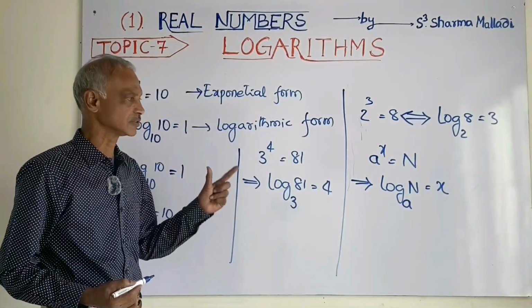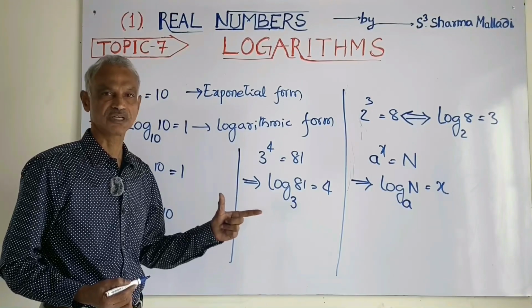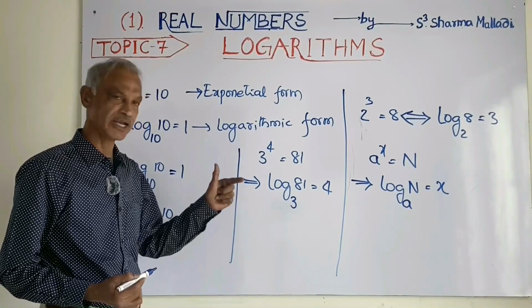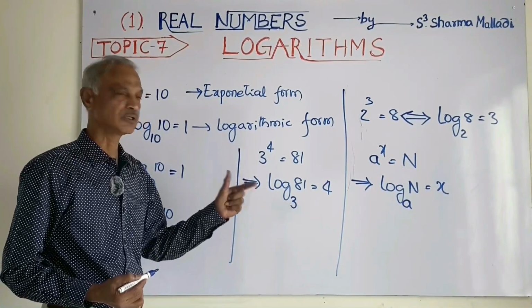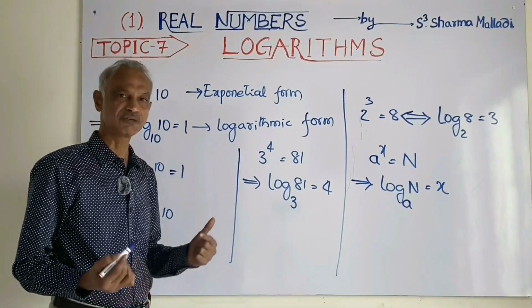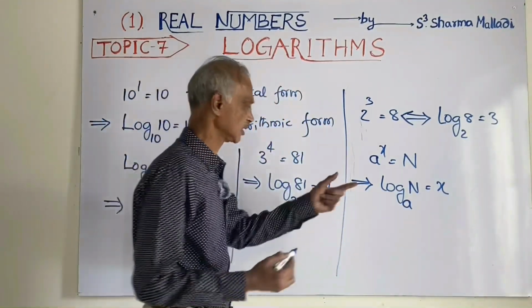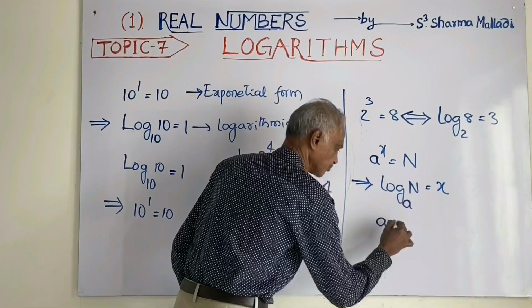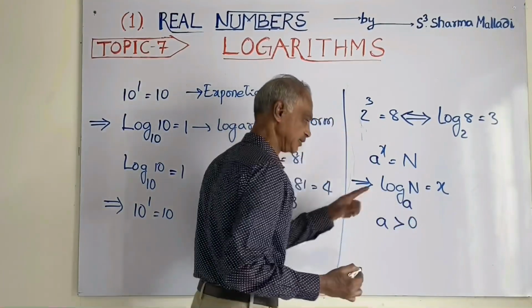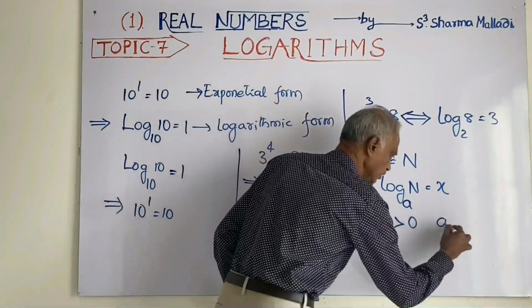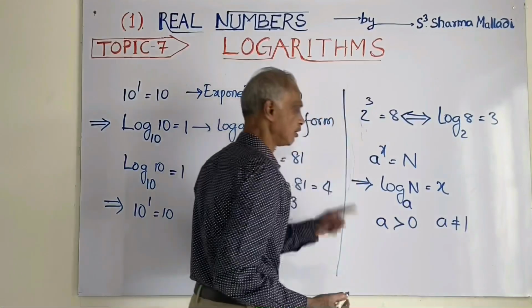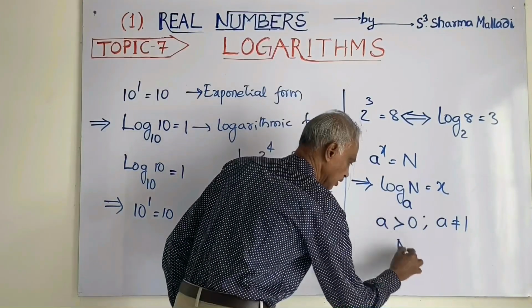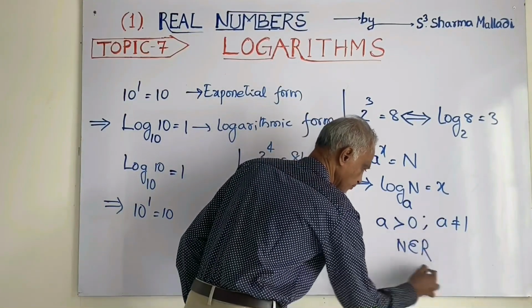A to the power of x is equal to n is exponential form, and log n to the base a is equal to x is logarithmic form. We have some conditions. A is greater than 0 and a should not be equal to 1, and also n belongs to real numbers.